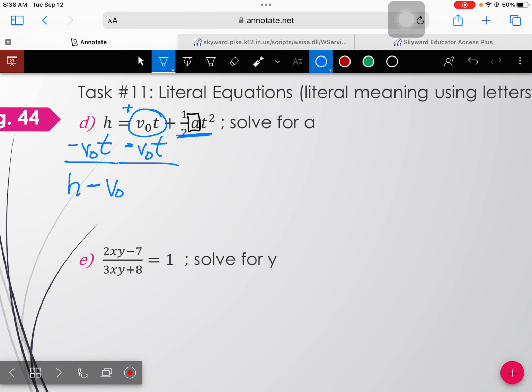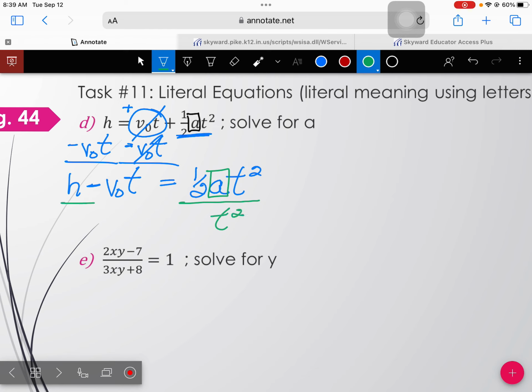And I have H minus V sub 0 T, all divided by T squared, equals 1/2 A. I'm trying to get A by itself. It looks like we should divide by a half. We cannot divide by a fraction. Instead, we multiply by its reciprocal.